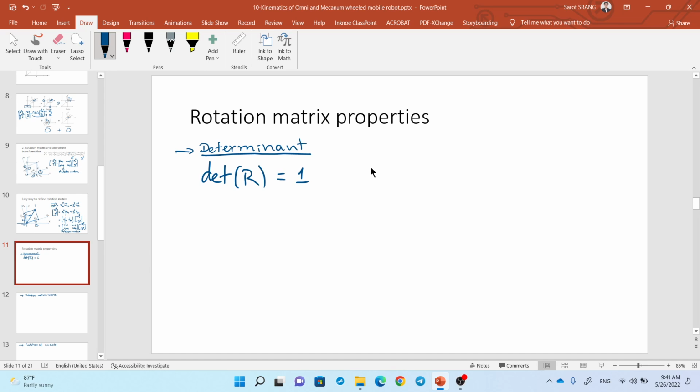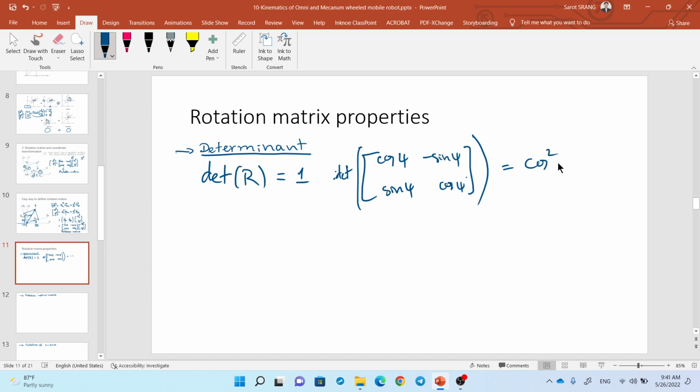You can check by yourself. Just have cosine psi, sine psi, minus sine psi, cosine psi. The determinant is cosine squared plus sine squared equals 1.